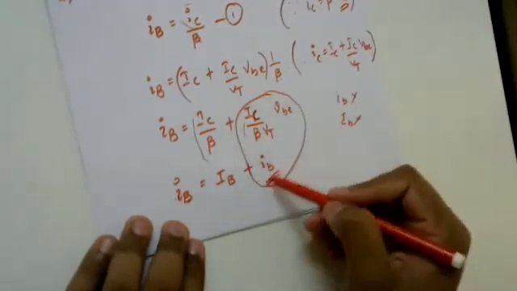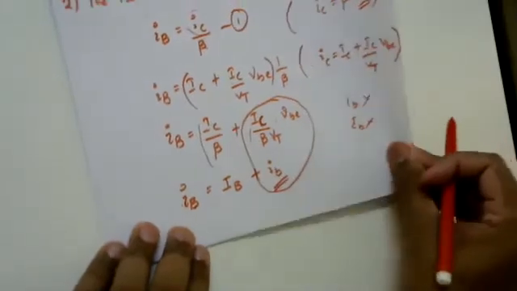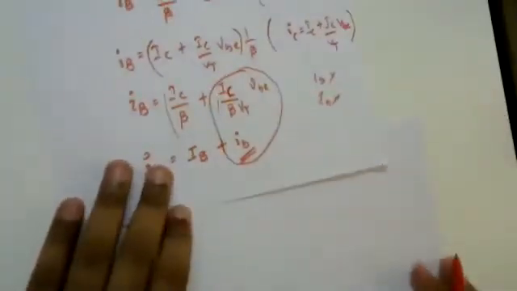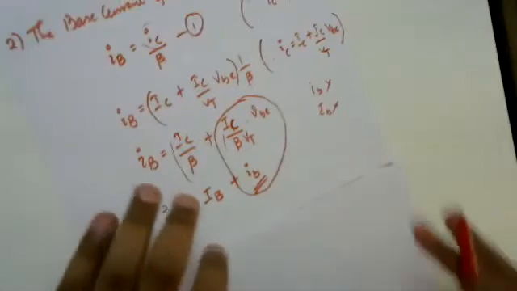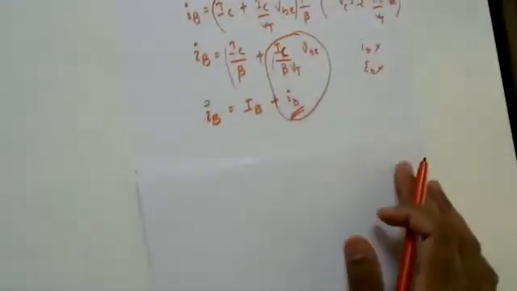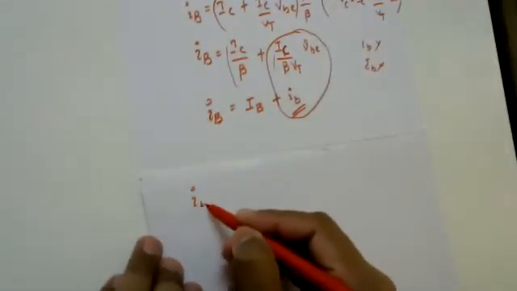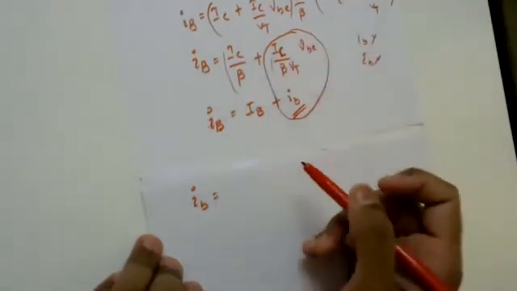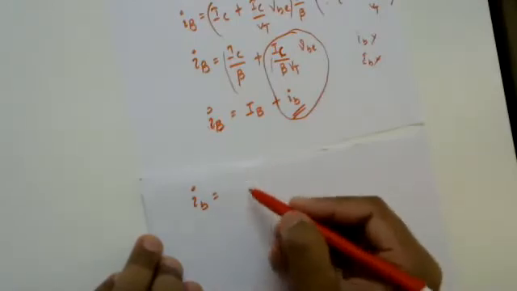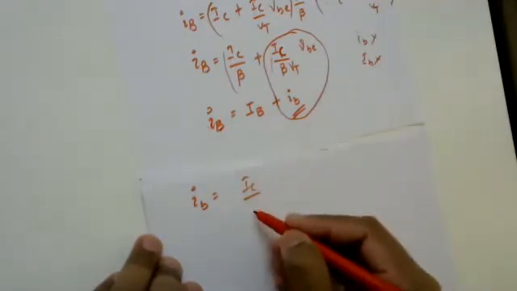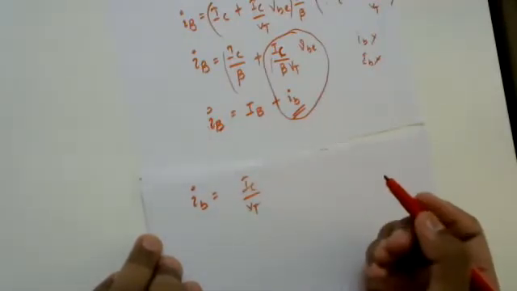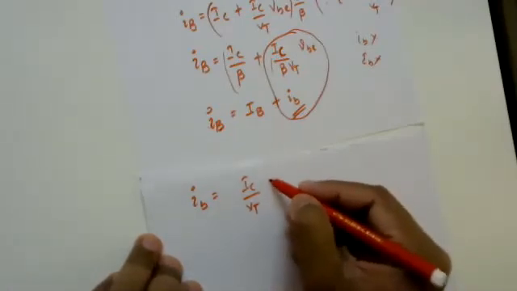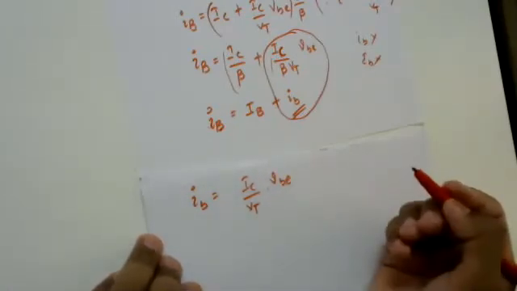So I can write my ib from this term as ib is equal to IC divided by VT into VBE.